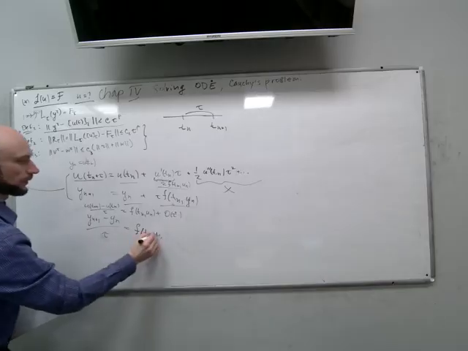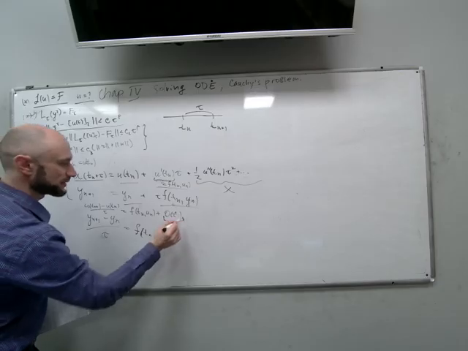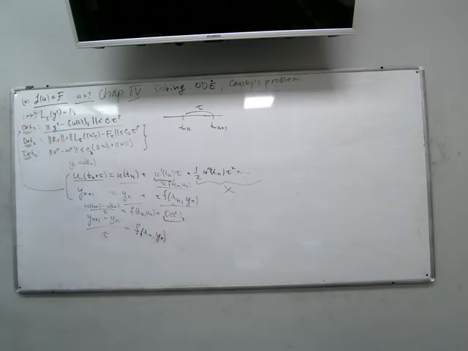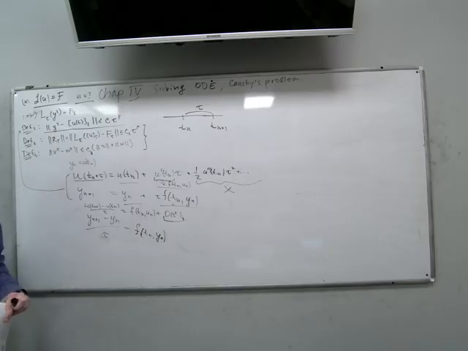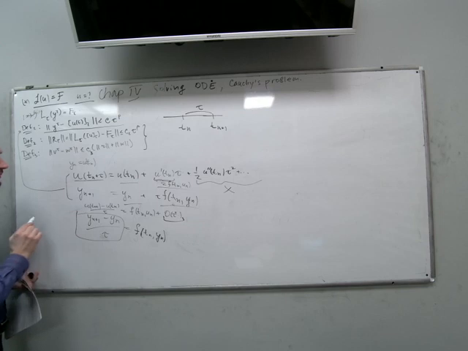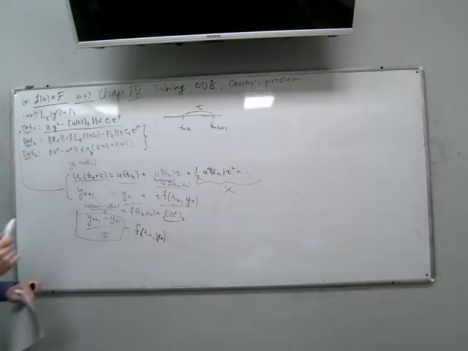Okay? And this says that the Euler method has the first order of approximation. So on the left hand side we have an approximation of the derivative. And this is the approximation of the original equation.